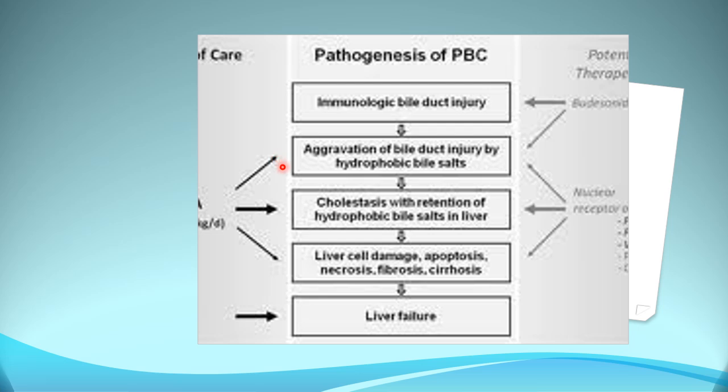When there is injury, there is cholestasis and retention of the hydrophobic bile salts in the liver. In the liver, they cause liver cell damage, apoptosis, necrosis and fibrosis, leading to cirrhosis, and this will lead to liver failure.